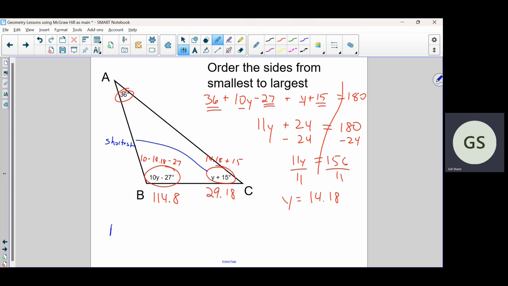AB is smallest, so we write that first. That's going to be less than everything, so we write AB is less than. The next angle would be 36, so across from 36 is BC. And then there's only one left, so AC, but we'll just make sure, well, this is the largest angle, and if that is across from AC, which makes sense, if AC is the largest.